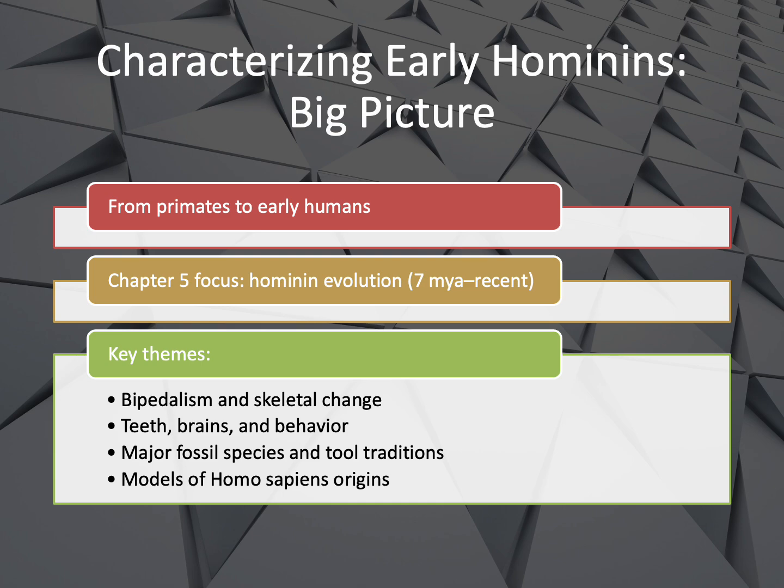Instead, I want you to picture a family bush, a tangle of branches, some of which continue and some of which end. Our task as anthropologists is to trace that bush as carefully as we can and ask, what changed? Why did it change? And what does that tell us about what it means to be human?